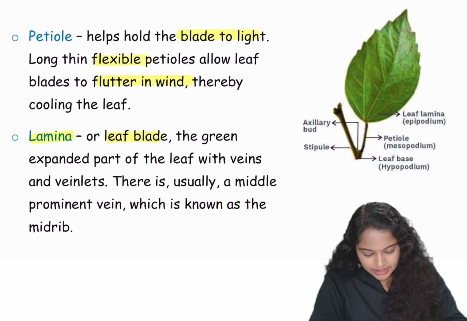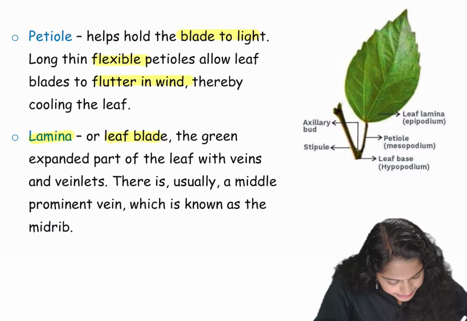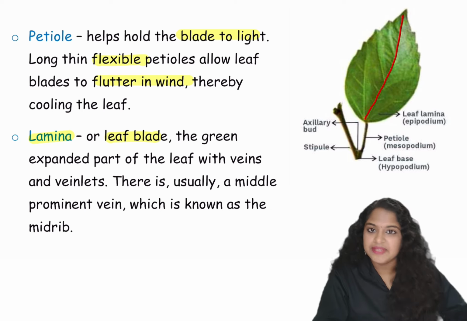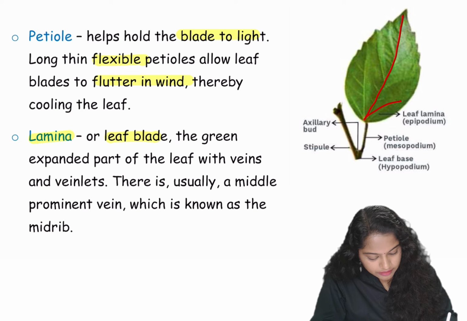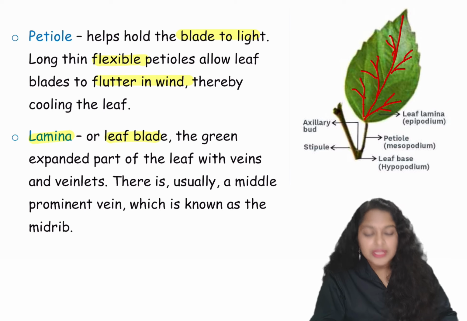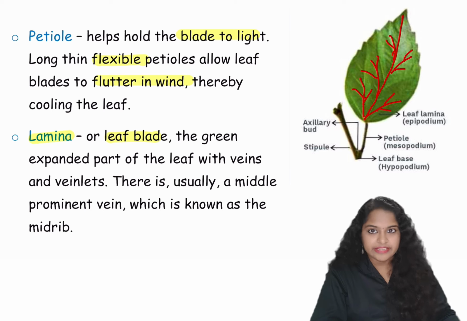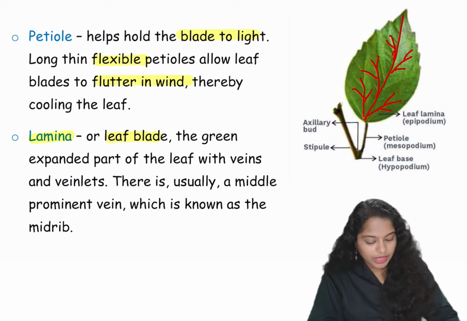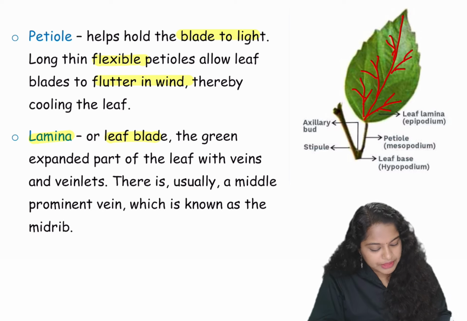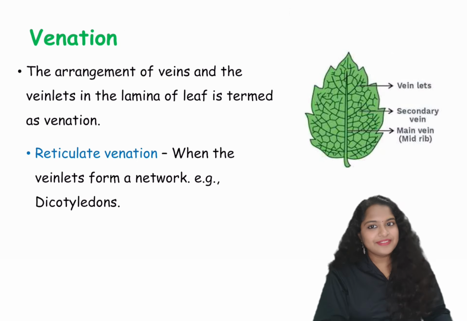You can see here the midrib, and the veins and veinlets are also there. All these are present in the lamina. So these are the different parts of the leaf: the petiole, lamina and the leaf base.